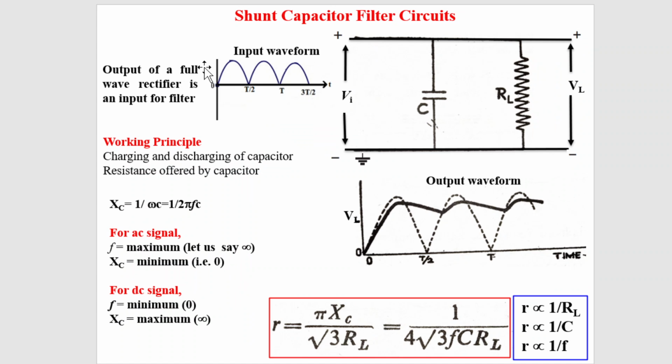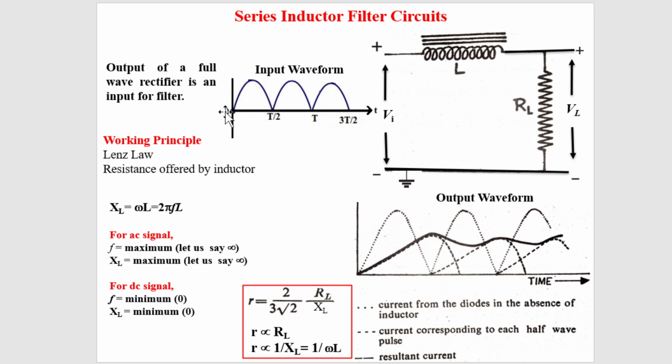Here, the input signal was voltage, and here the input signal is current. So if you see there is variation in the current in the input signal, in order to reduce this variation, what we require is some circuit which can minimize the variation.